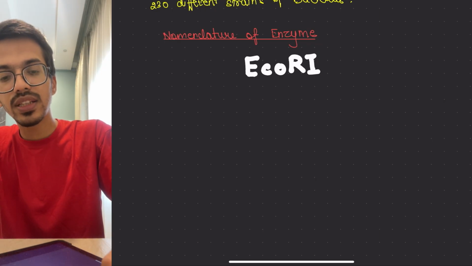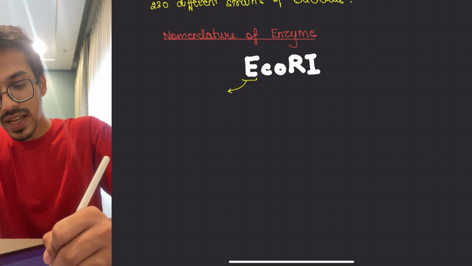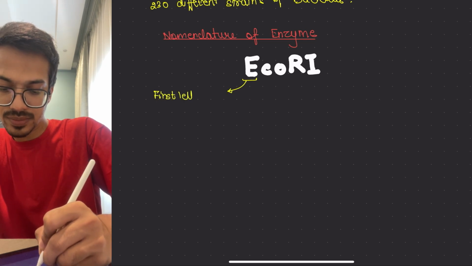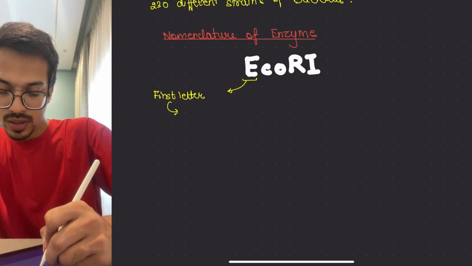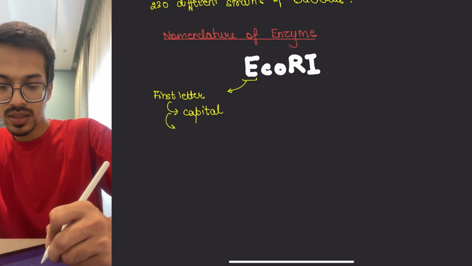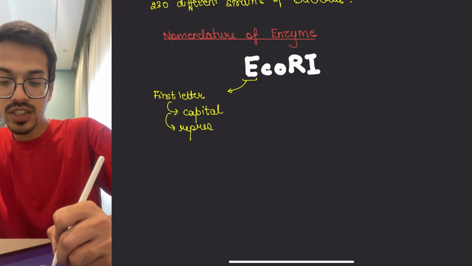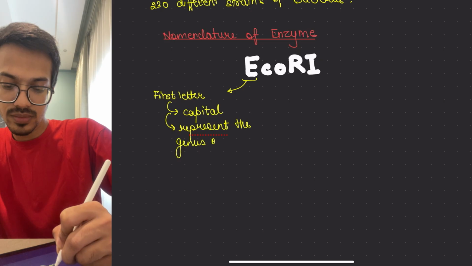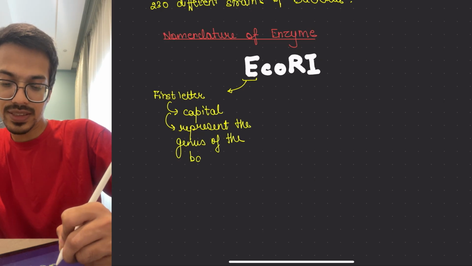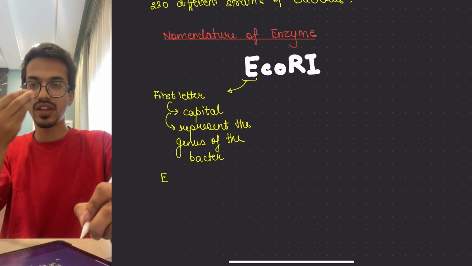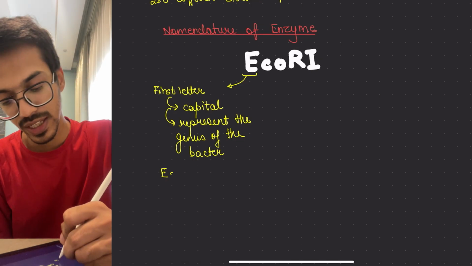In this enzyme, the first letter, which should be capital, represents the genus of the bacteria. Here we obtained it from E. coli, so E is Escherichia.